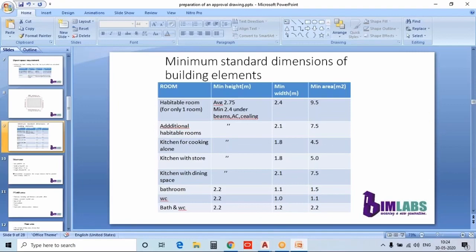And if it is both bath and water closets, then height is the same as above, 2.2 meter, and you have to provide a minimum width of 1.2 meter and the minimum area should be 2.2 meters square. This is the minimum standard dimensions of building elements according to National Building Code.